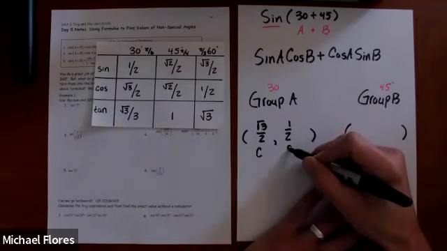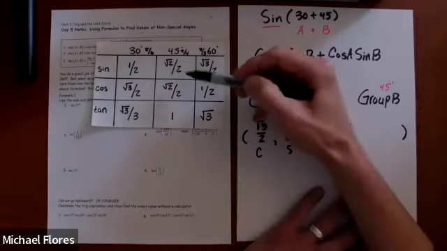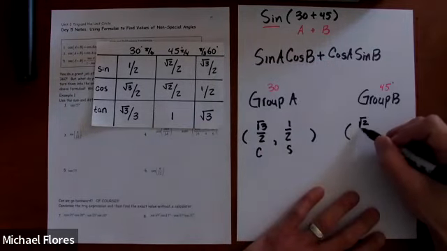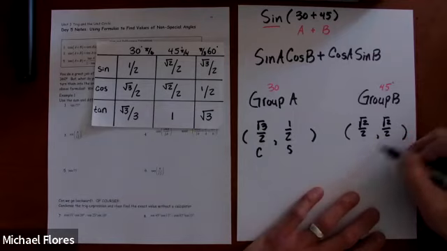Cosine, sine. Group B, the values for 45 degrees sine and cosine are here. So root 2 over 2, root 2 over 2, cosine, sine.